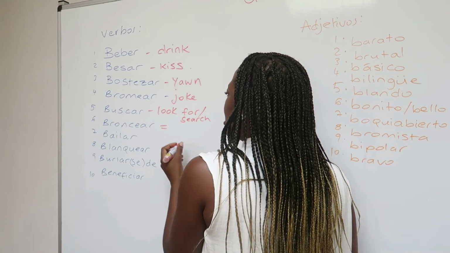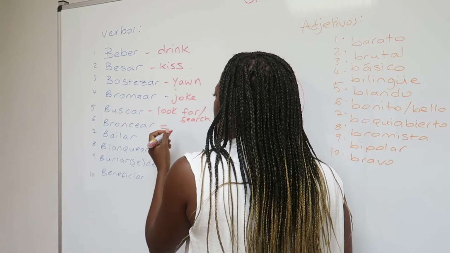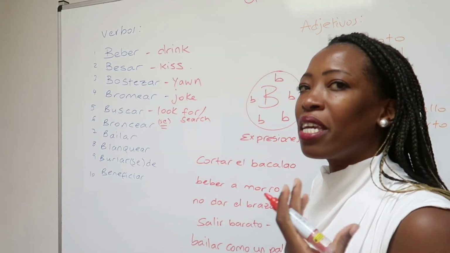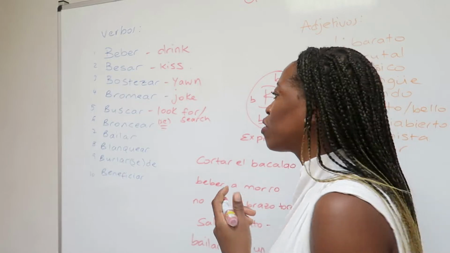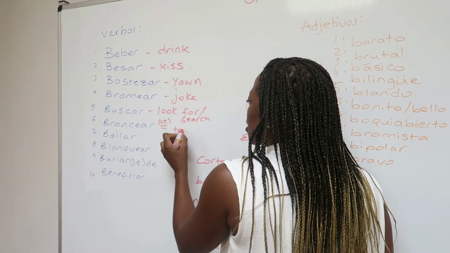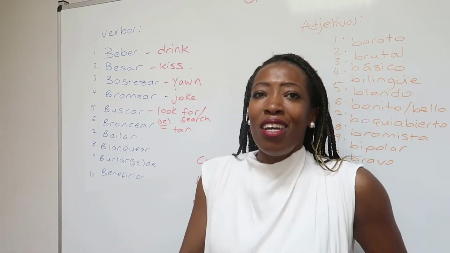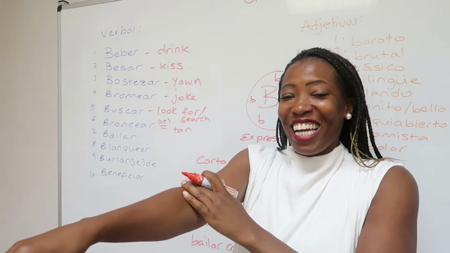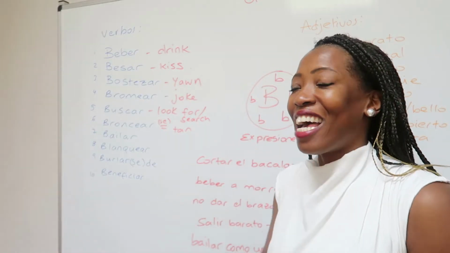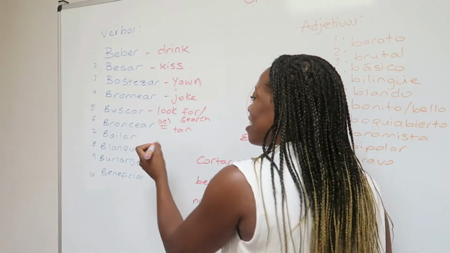Broncear. This could be reflexive as well. To get a tan, to tan. No necesito broncearme. I don't need to get a tan. Broncear, to tan. Okay?